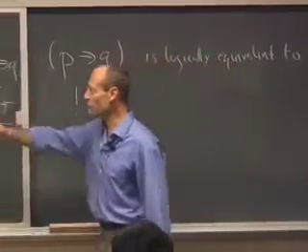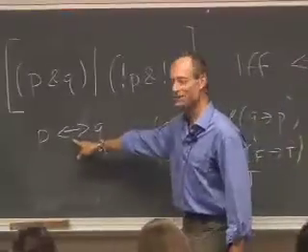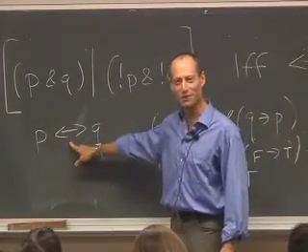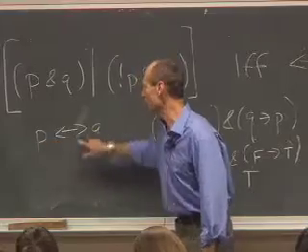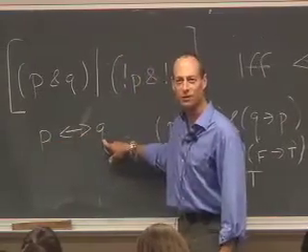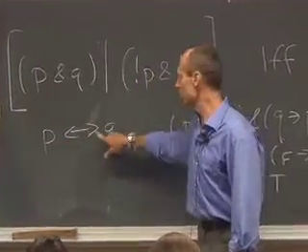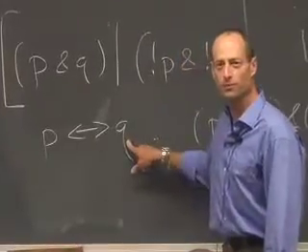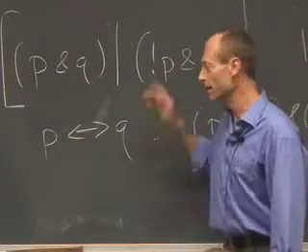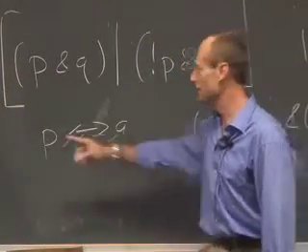Now, logically equivalent can actually be written as this if and only if sign. Because what does this mean? This is true exactly when both sides are the same. So this is true if both P and Q are true. It's true if both P and Q are false. And otherwise, it's false. Right? That's what this says.